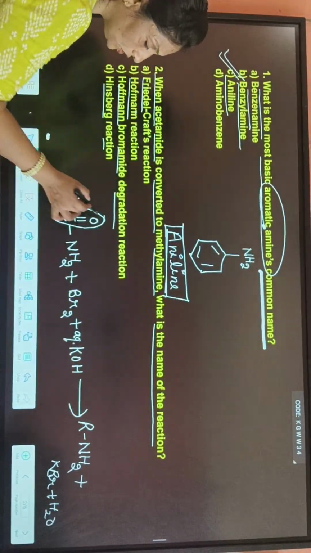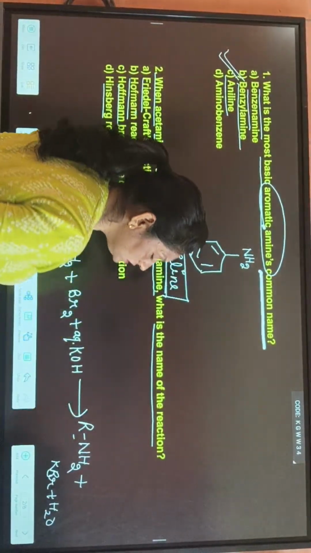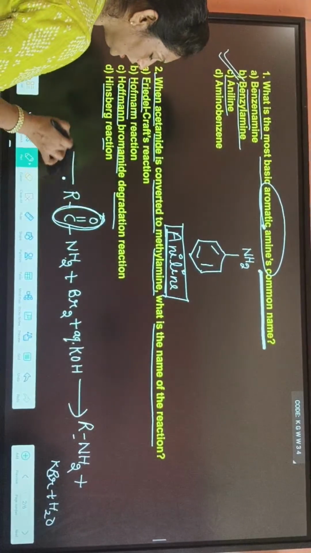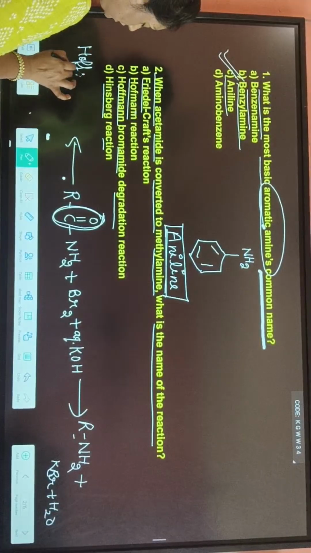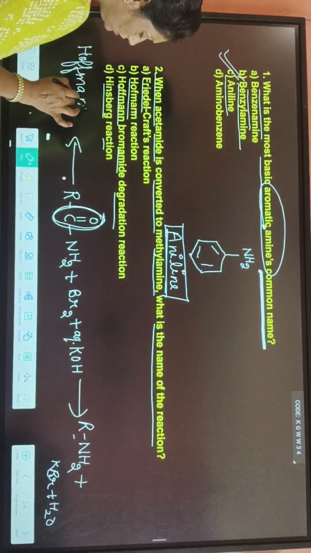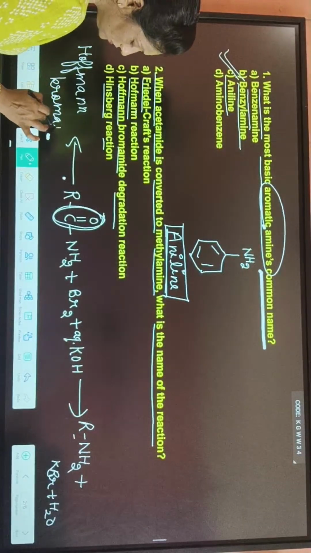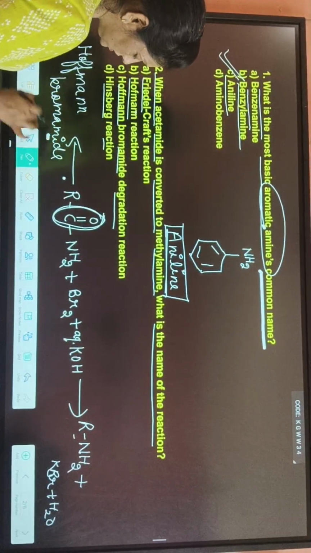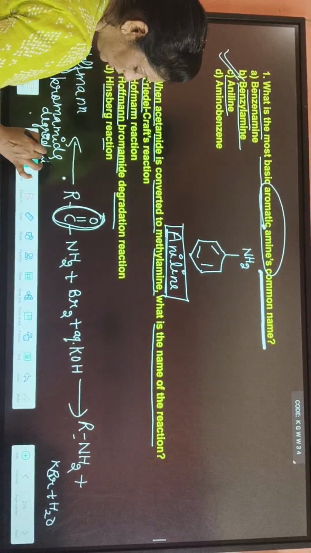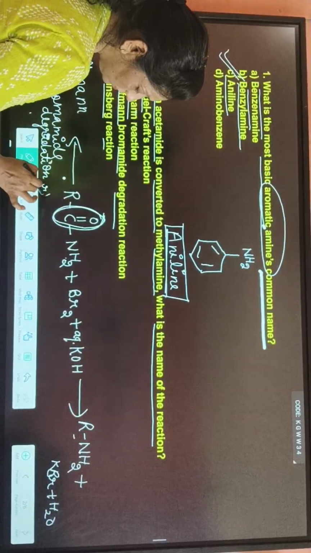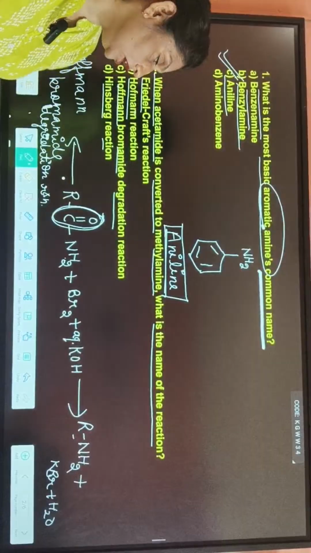And students, because here one carbon is degrading, becoming less, that's why it is known as Hofmann bromamide degradation reaction, because it was given by Hofmann.